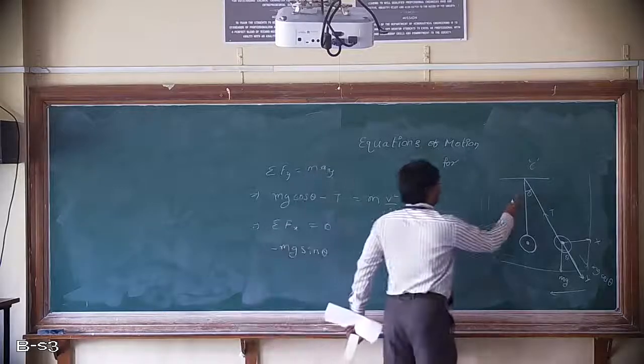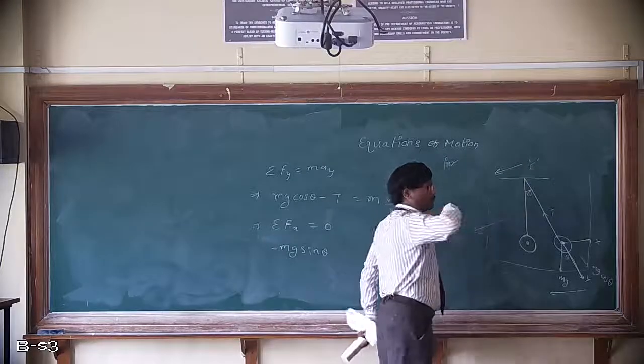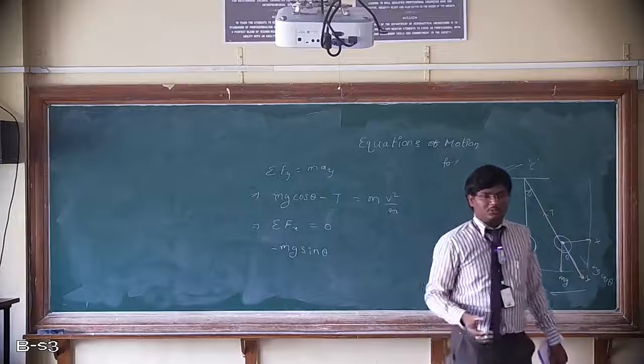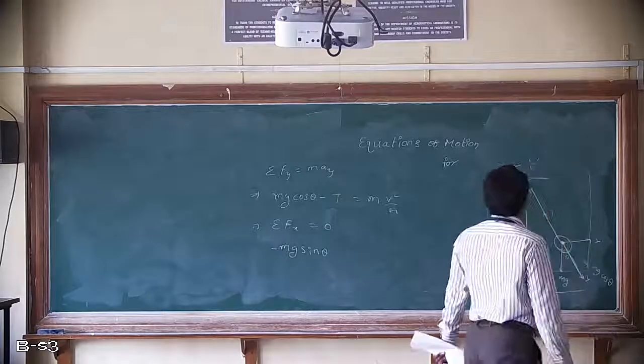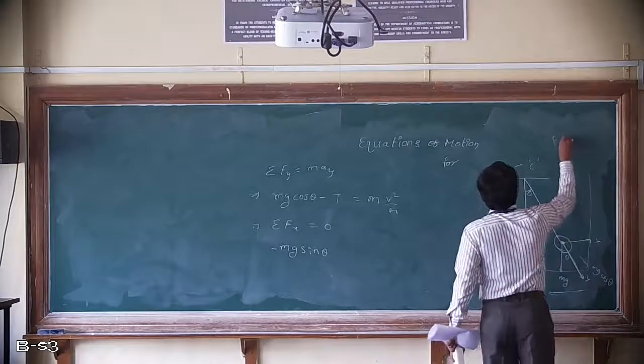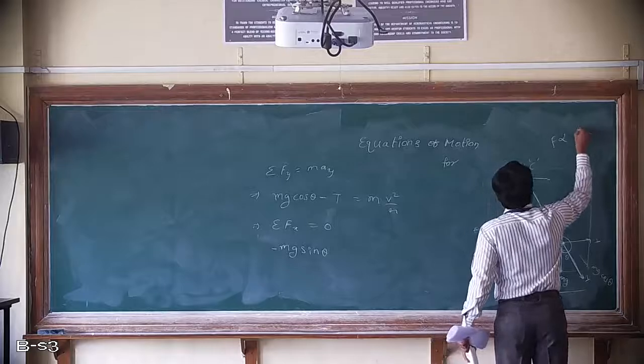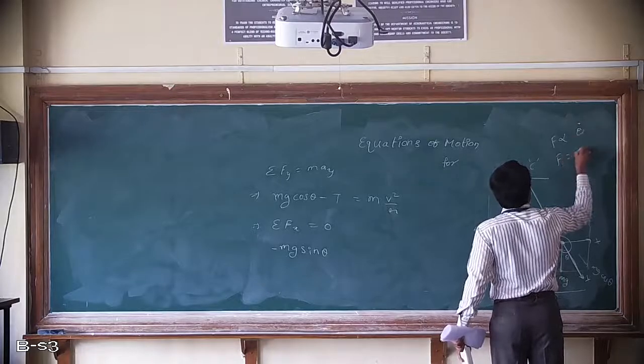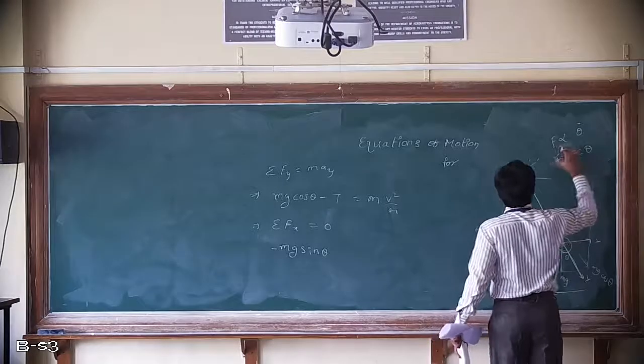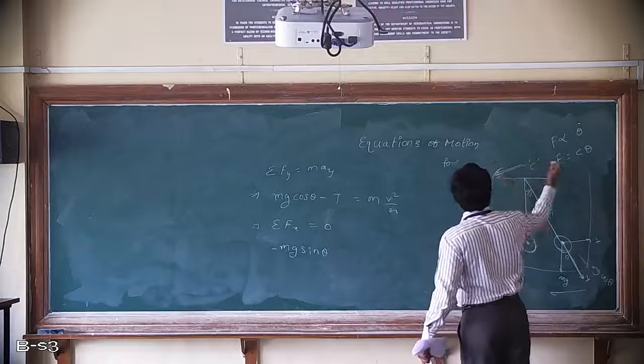That is the opposing force. This damping force is always proportional to the velocity of the system, which is nothing but theta dot here. So F is equal to C into theta dot, in the direction opposing the motion.